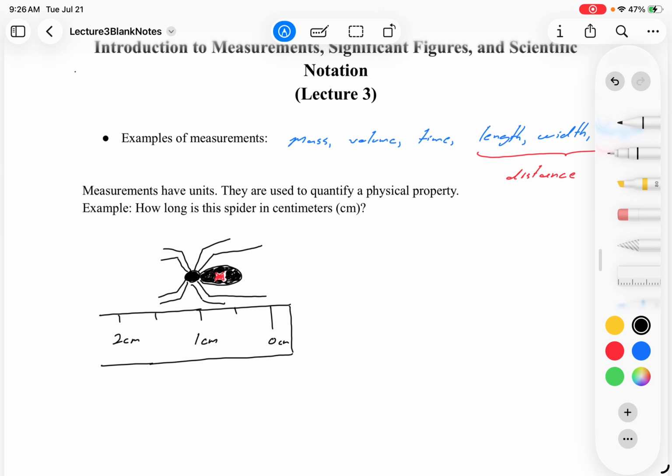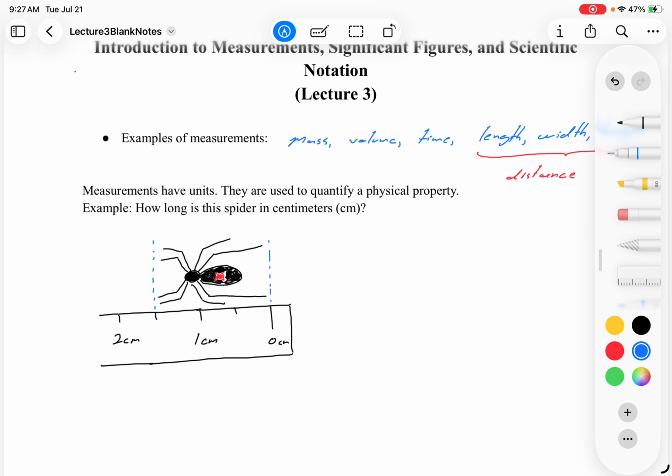Okay, so the example: how long is this spider in centimeters? Well, let's see. It starts at 0, or close to 0, and it ends somewhere around the halfway point.